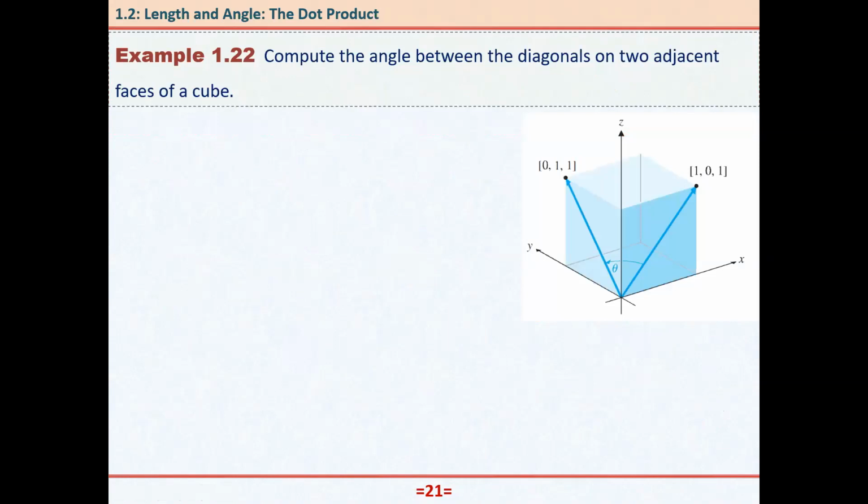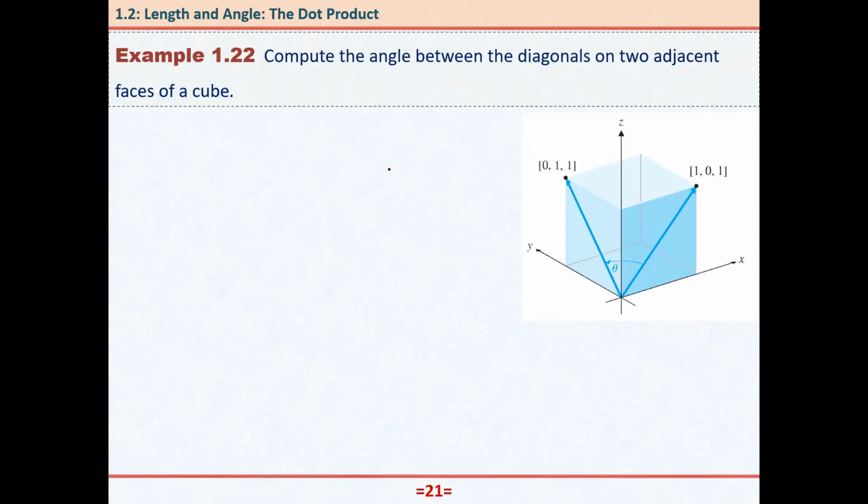How about in three-dimensional space? Compute the angle between the diagonals on two adjacent faces of a cube. Maybe visualizing this is a little bit hard, just drawing a cube. But if you just use coordinates, things get much, much easier.